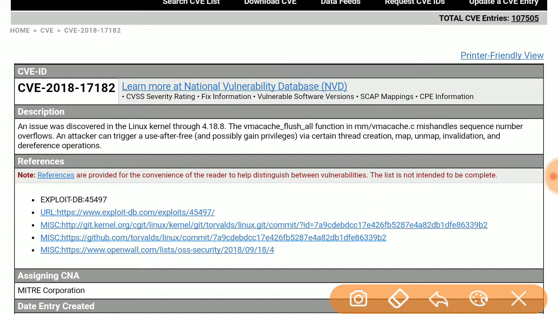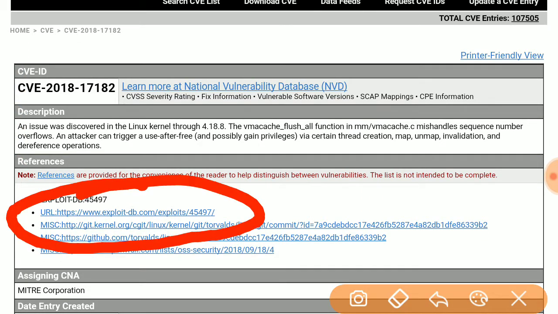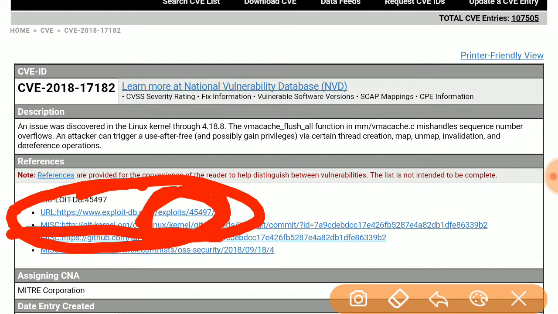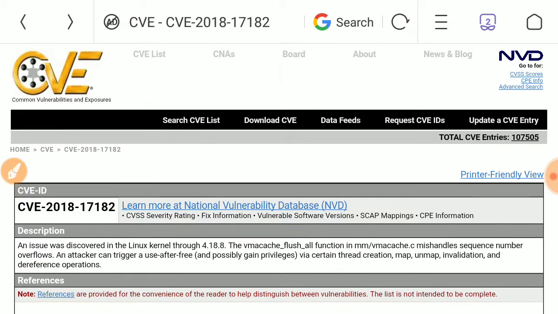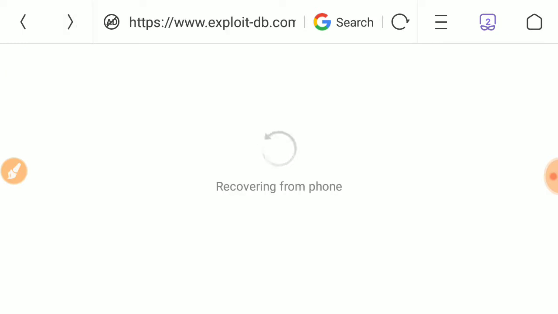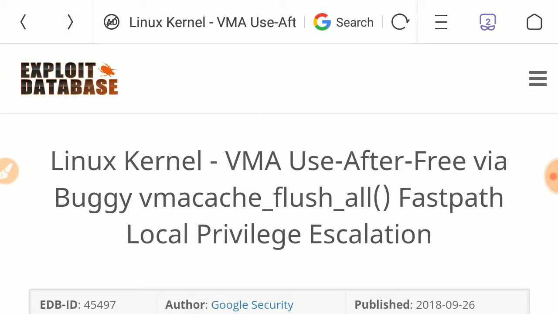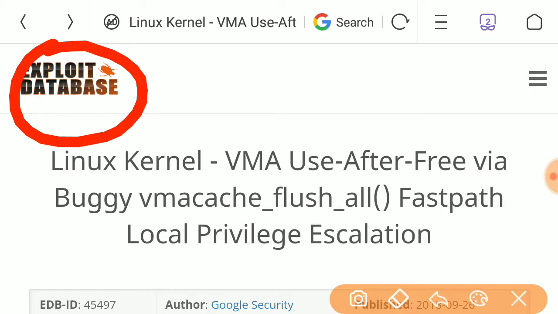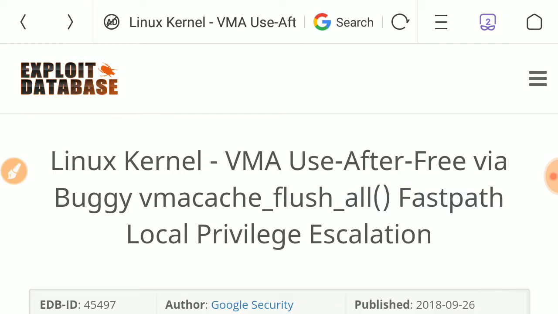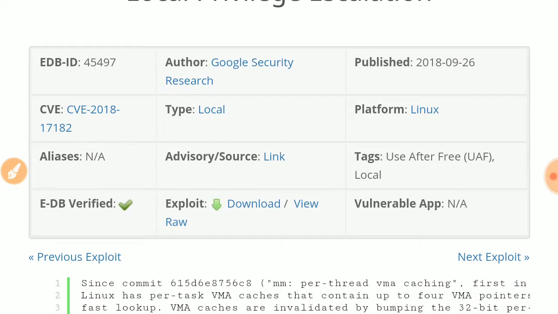For example, you can also find the details of an exploit which was developed to hack a system using this vulnerability. In order to see that exploit, we have to go to the exploit database, where the Google researchers have published the exploit. They call this exploit a use after free bug.